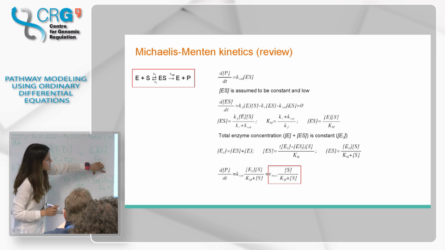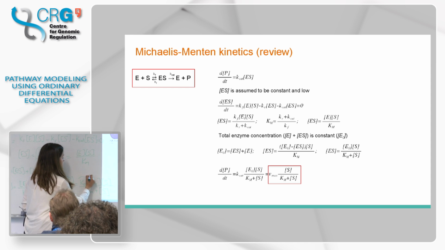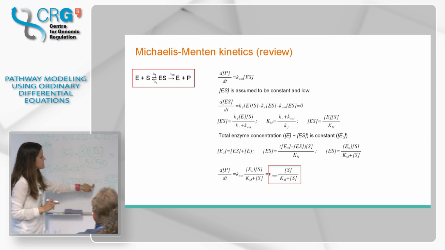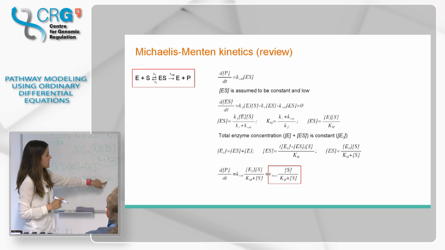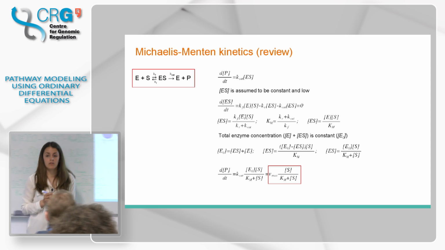We are going to say that this is going to be the maximum rate, so we're going to call this V max, and this is how we derived the Michaelis-Menten equation, which is written here. I guess you can see it in your slides.